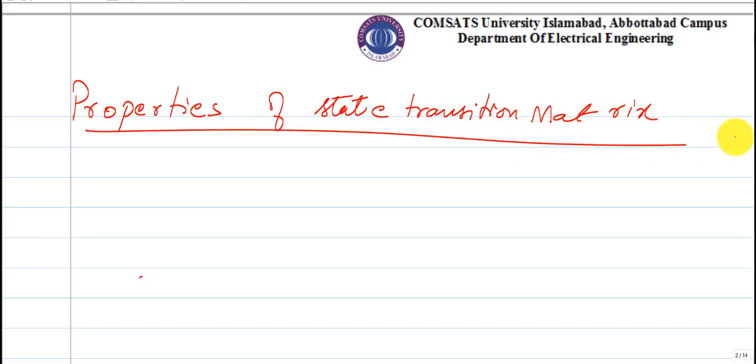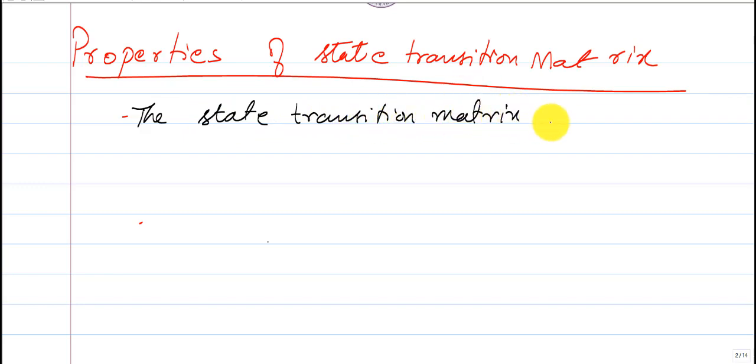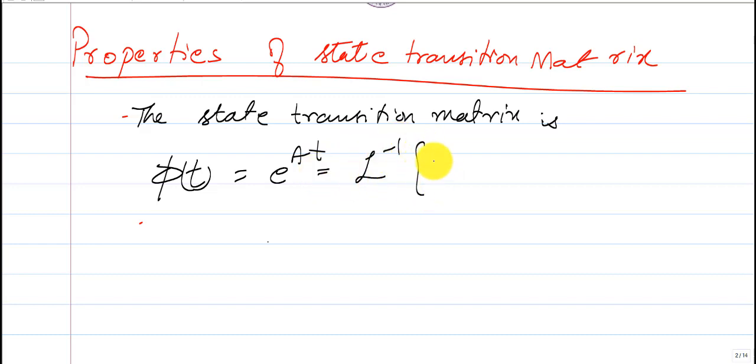So we have a few properties for the state transition matrix. Suppose that we have given the state matrix, the state transition matrix is actually phi of t, which is equal to e raised power At, which is actually the Laplace inverse of (sI minus A) inverse.